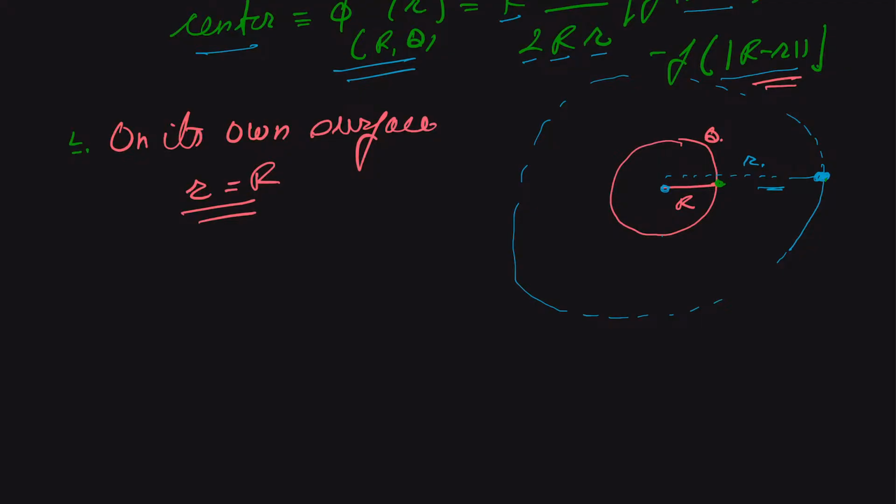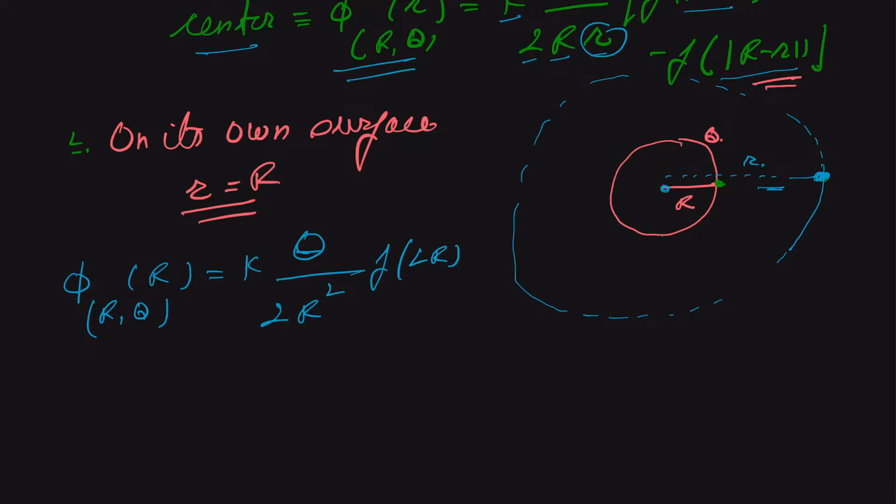We can rewrite this as the potential because of the shell of radius R and charge Q at a point capital R, which is equal to kQ upon 2R squared times 2R. So we have to remember these two formulas.